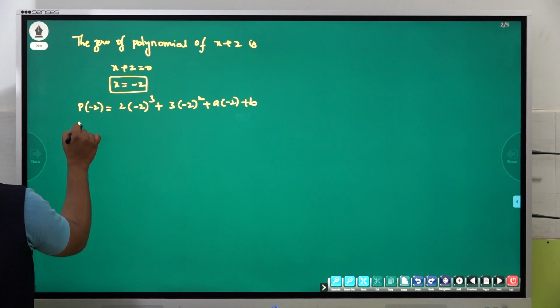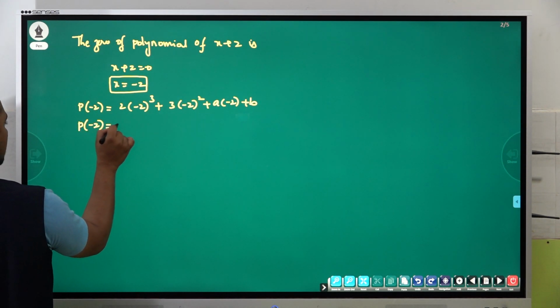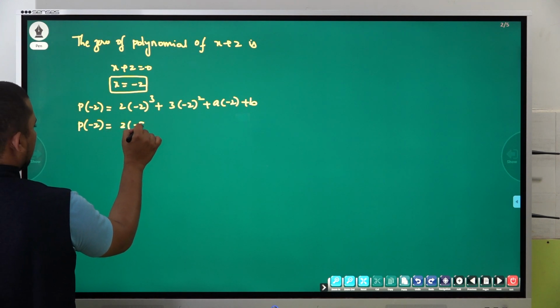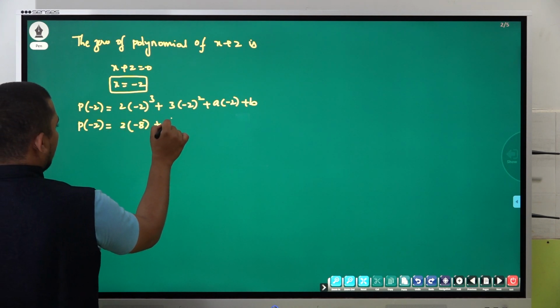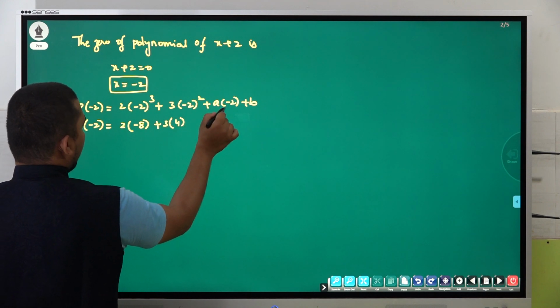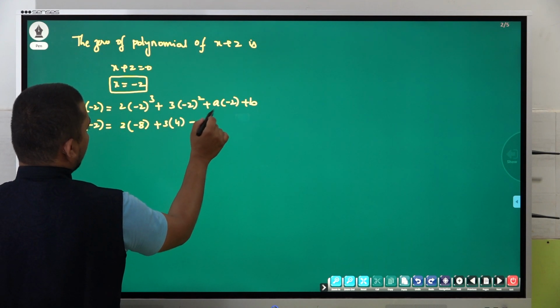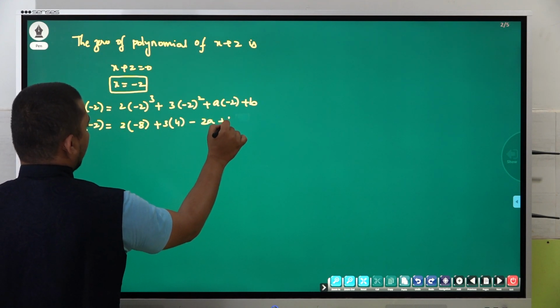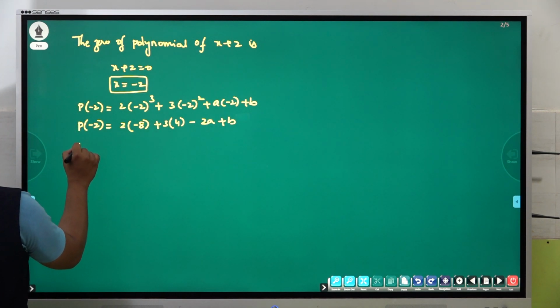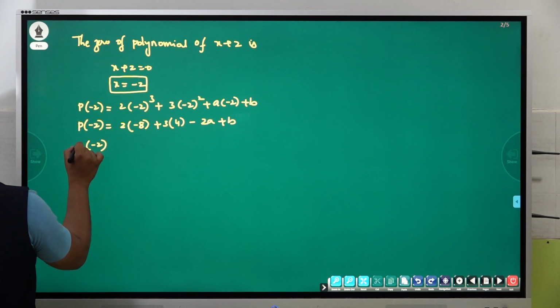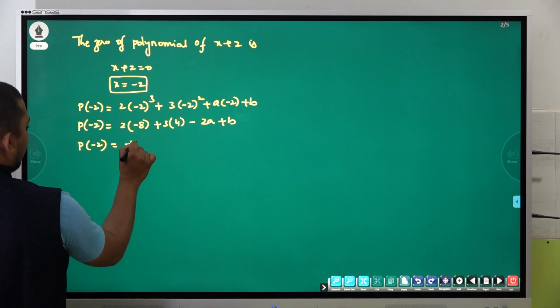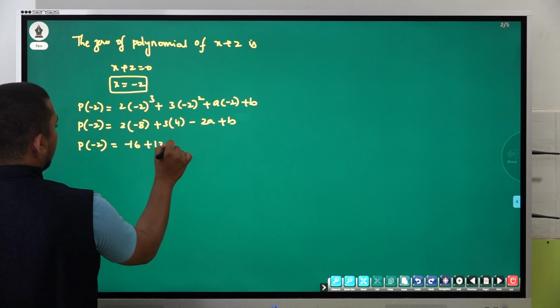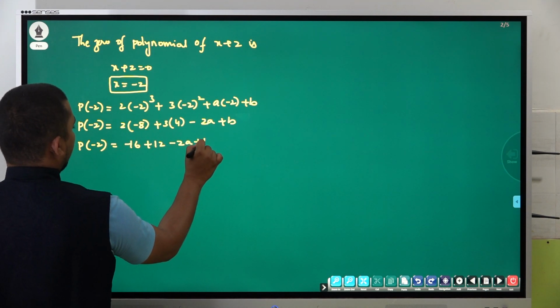Okay, then P of minus 2 is equals to 2 into minus 2 whole cube is minus 8 plus 3 into minus 2 whole square means 4 plus minus a into 2 is minus 2a plus b. Then P of minus 2 is equals to minus 16 plus 12 minus 2a plus b.